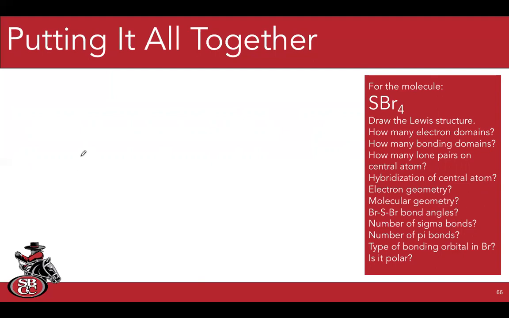So first we'll start with the Lewis structure. We'll build our skeletal structure with our sulfur, which is of course in group, I've done this enough already, 16, where bromine is in group 17. Put the bromine around. Then we'll count up our valence electrons. So 6 plus 7 times 4.